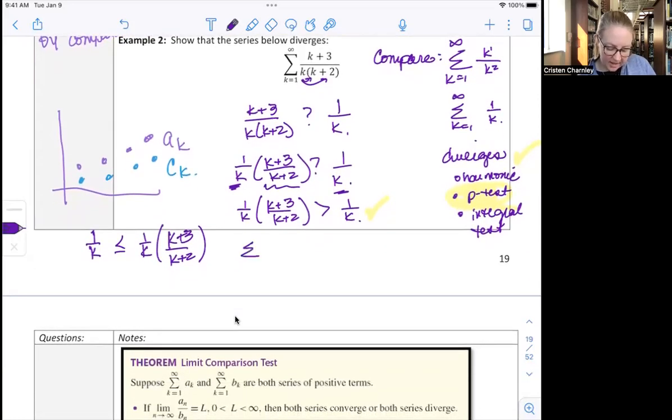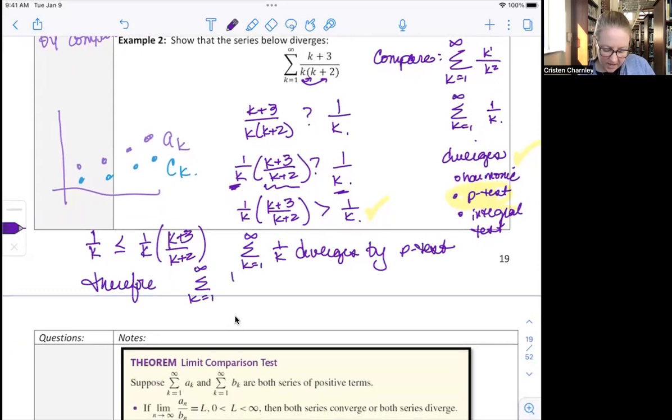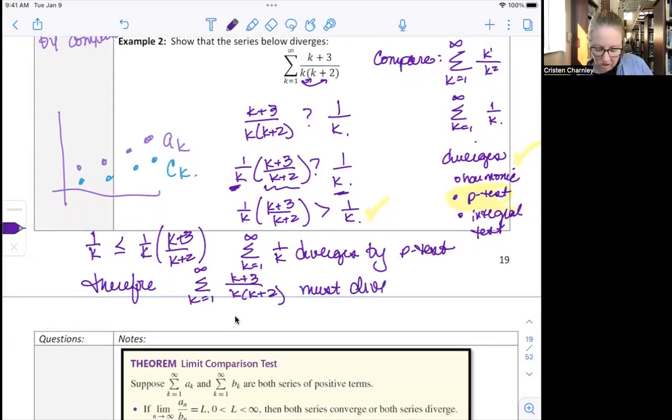Then I can say that the sum from K equals 1 to infinity of 1 over K diverges by the p-test. Therefore, my original sum from K equals 1 to infinity of K plus 3 over K times K plus 2 must diverge by the comparison test.